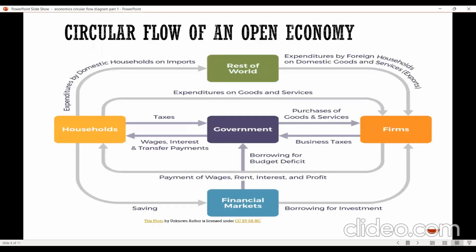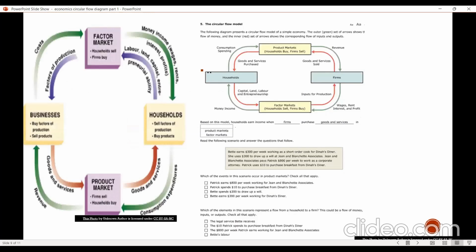Now here we have a drawing of our circular flow diagram, right? You can look at the theory that we have gathered just before coming to this diagram and look at how they interact with one another. Let's just look at a little example here.